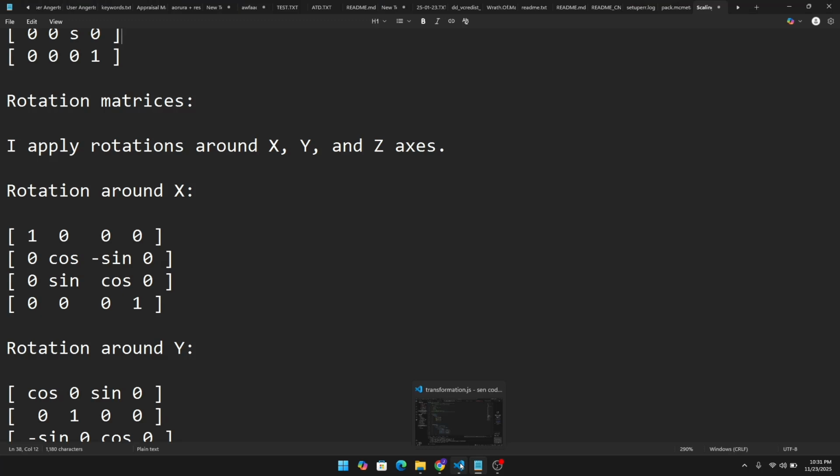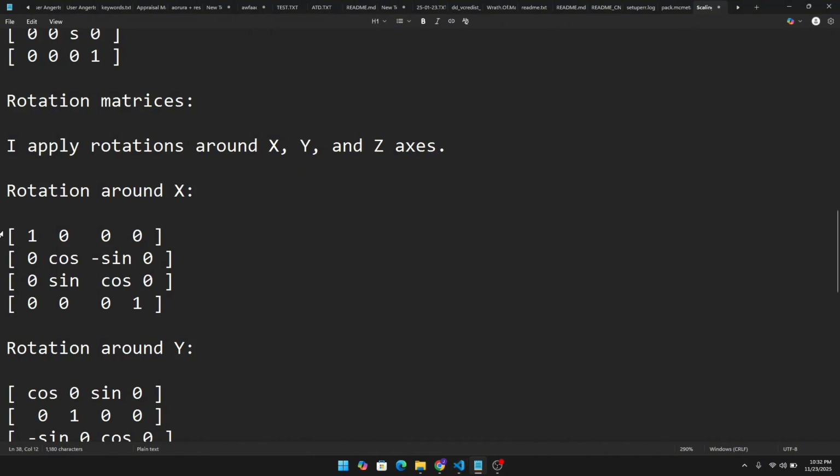Rotation matrices. Rotation uses trigonometry based on the unit circle. Rotation around the x-axis, y and z change. So, imagine projecting a point onto the yz plane. We rotate it using cosine and sine.